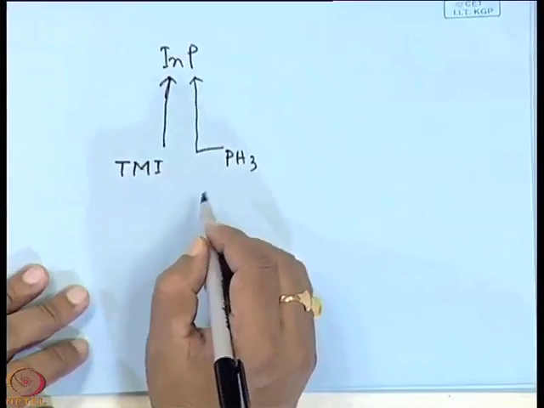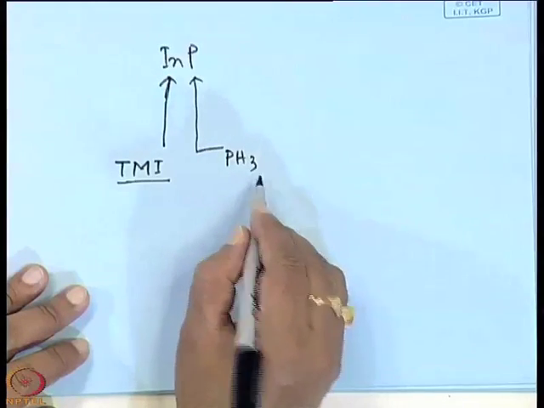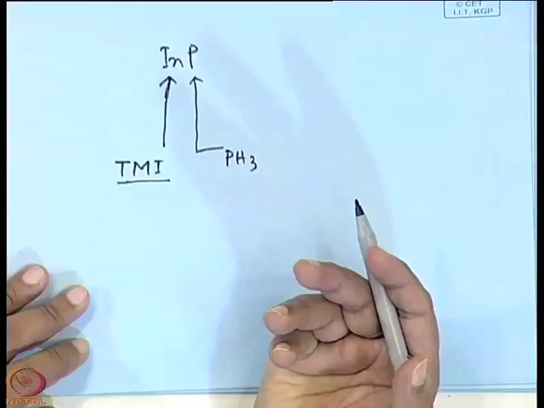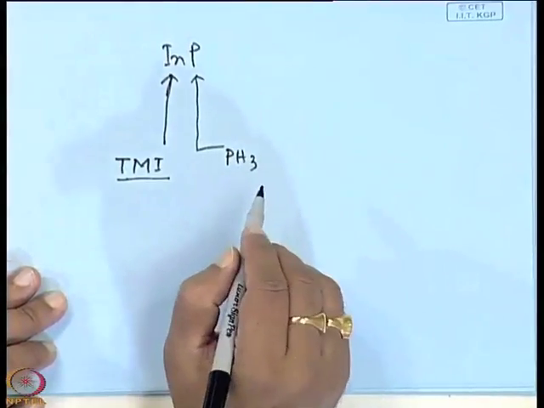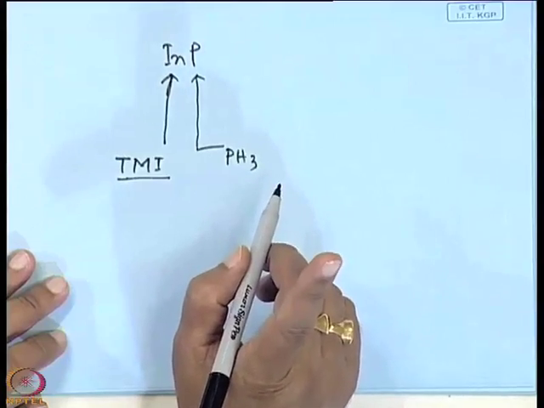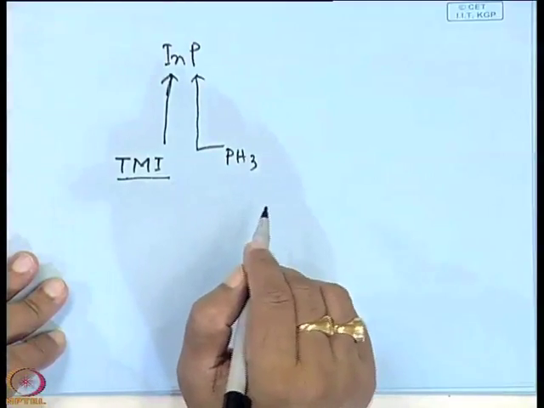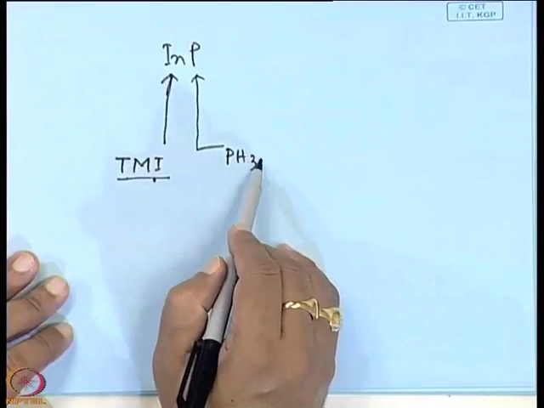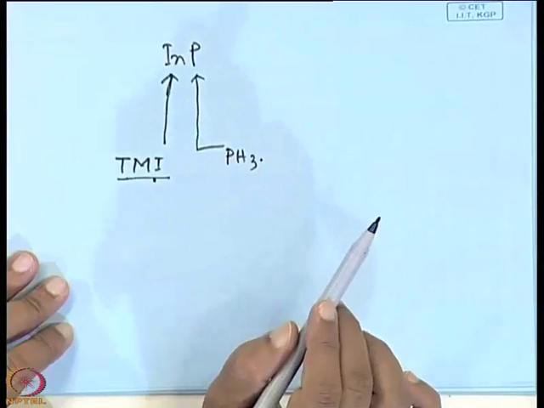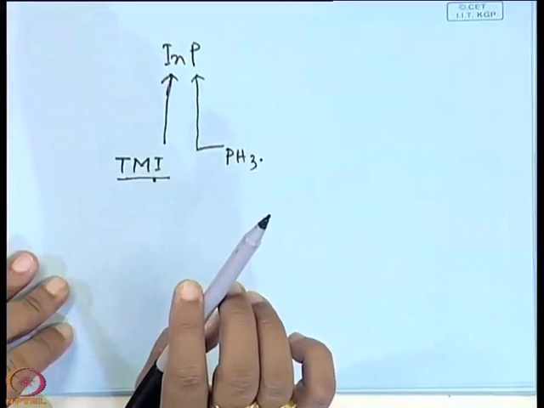So, vapor of trimethyl indium plus vapor of phosphine. Phosphine is in the gas state. So, there is no question of forming vapor, plus hydrogen, because hydrogen is carrying those things. And if you dope it say N type, then additionally it will be hydrogen sulfide or silane. So, trimethyl indium, phosphine, hydrogen sulfide and hydrogen, right, for indium phosphide N type of growth.